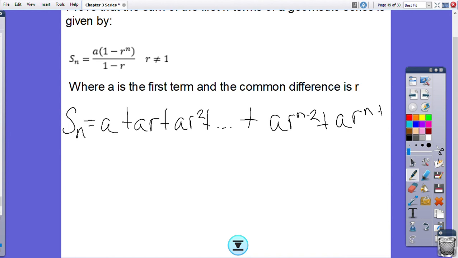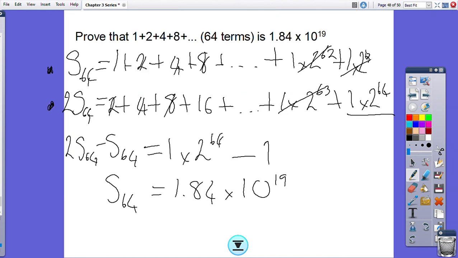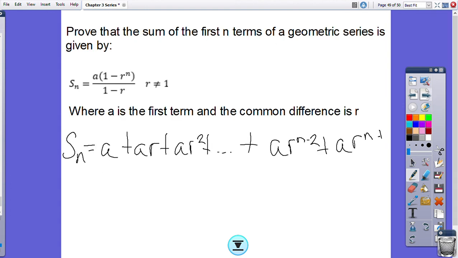Okay, last time, if you remember, we multiplied through by 2. What I'm going to do here is multiply everything through by r, the common ratio. So here I've got ar, I've got ar squared, I've got ar cubed, and we keep going.